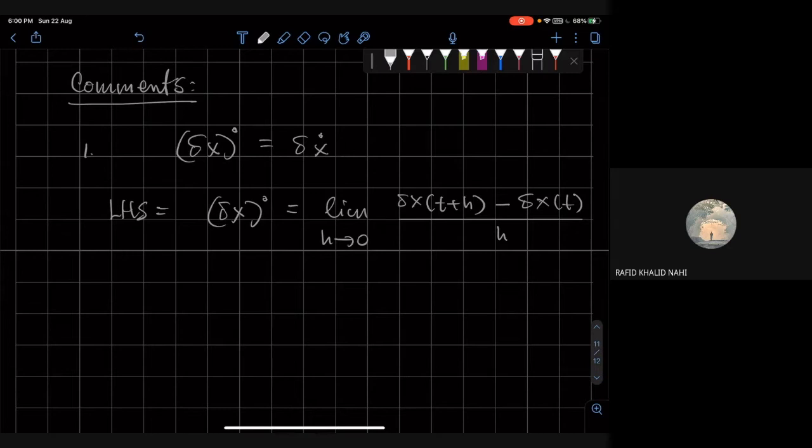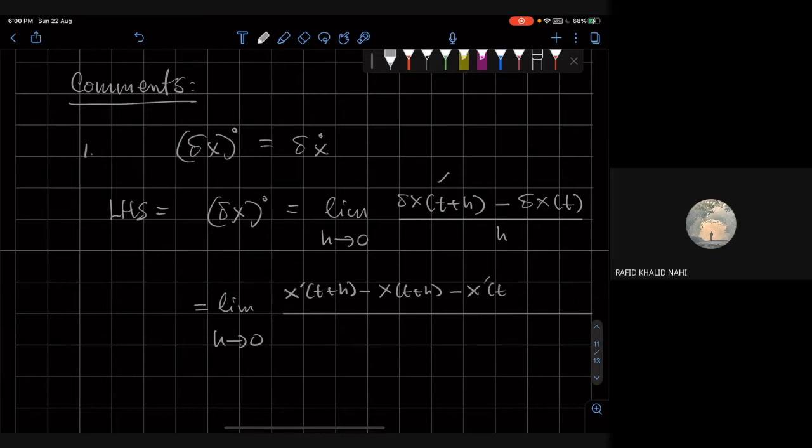h is not Planck's constant, it's a small real constant parameter. So this is equal to the limit h goes to 0, and from the definition of delta x we can write this as x prime of t plus h minus x of t plus h, this is the first guy, minus x prime of t plus x of t. This plus sign is because of this minus sign, divided by h.